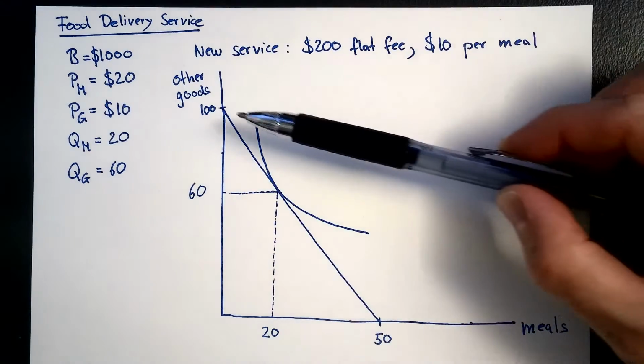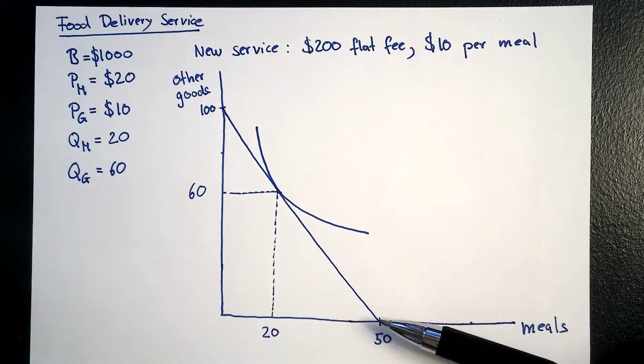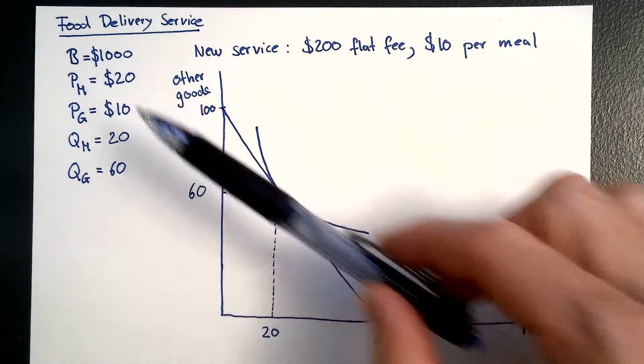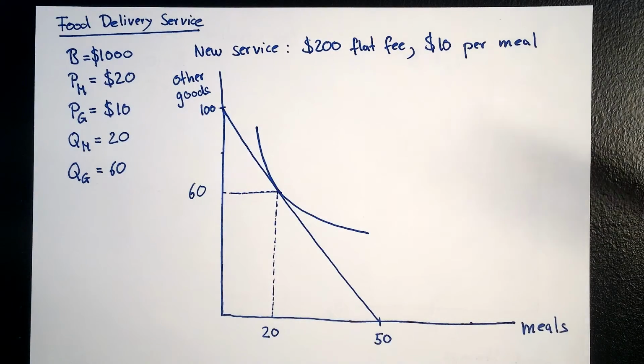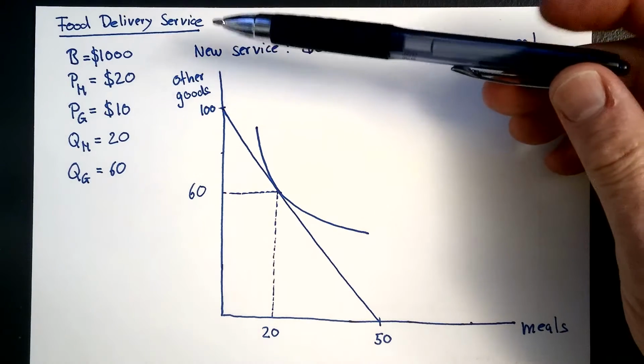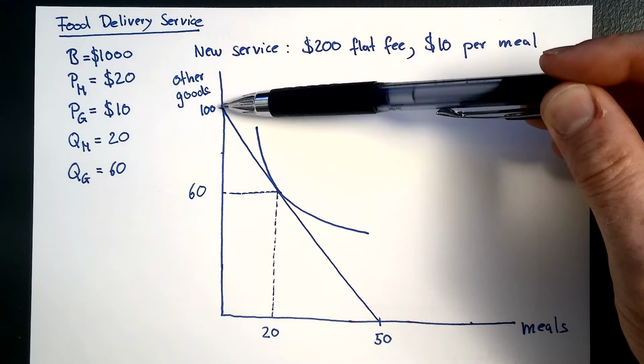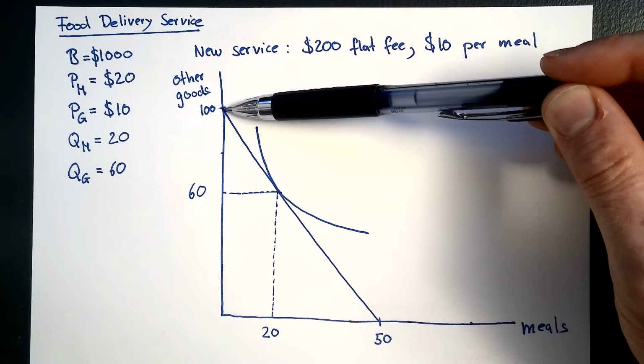I have illustrated this budget constraint, which is consistent with those prices and income, in the sense that if we were to spend all the money on those ingredient kits, we could purchase 50 meals. And if we were to spend all the money on other goods, we could purchase 100 items of other goods.